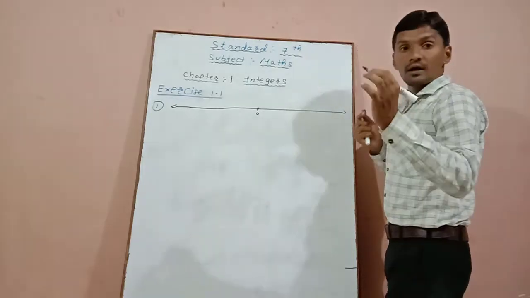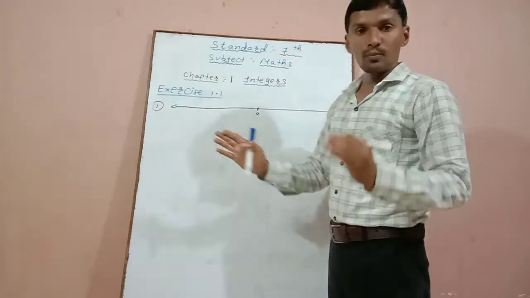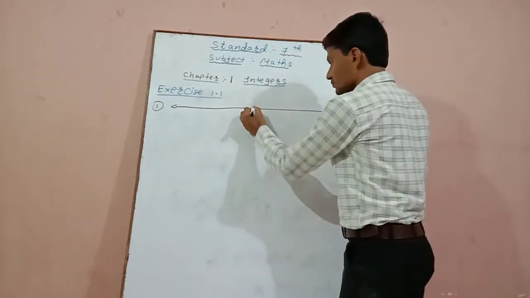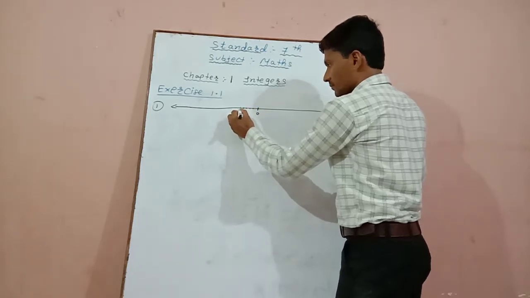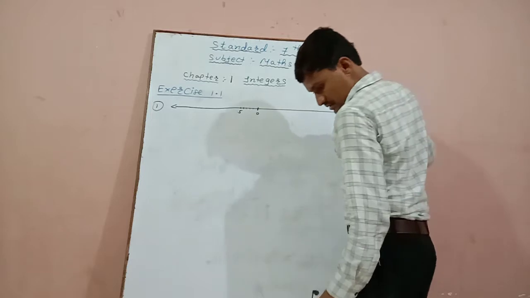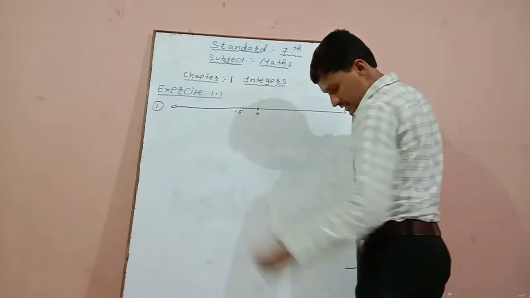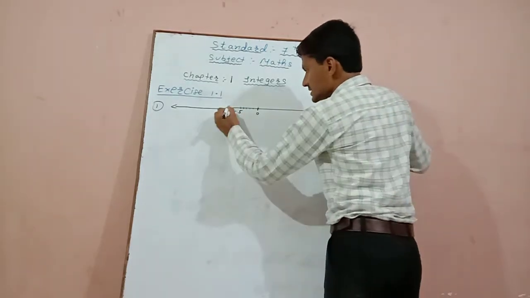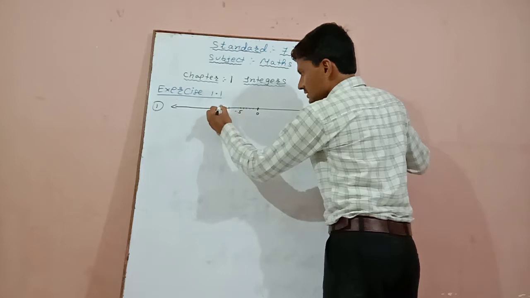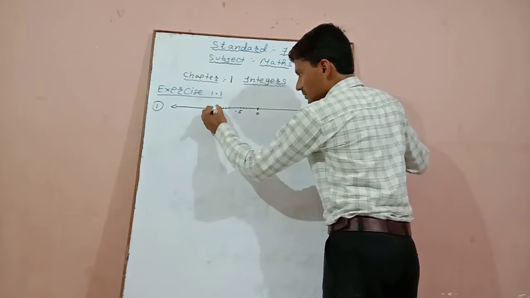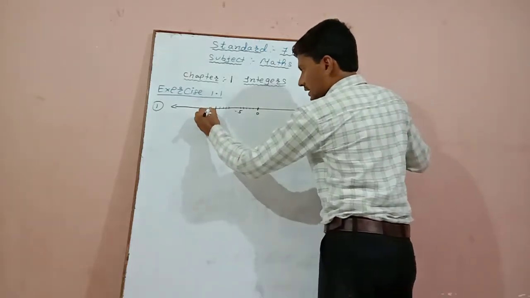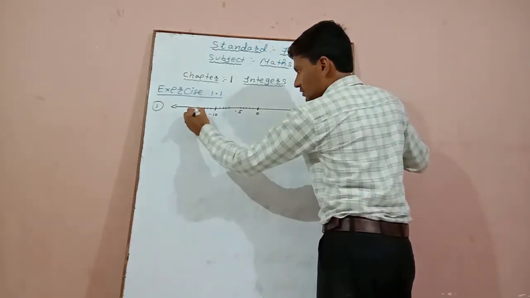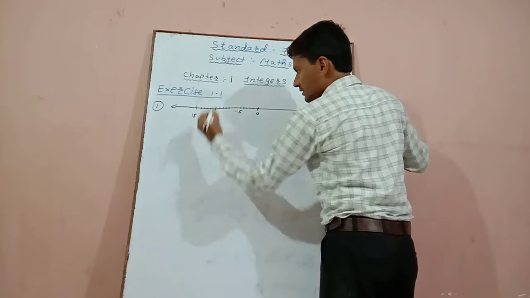Now we will draw points 5 apart: 1, 2, 3, 4, 5. Here will be minus 5. Then 6, 7, 8, 9, 10. Here will be minus 10. Then 11, 12, 13, 14 and it will be 15.